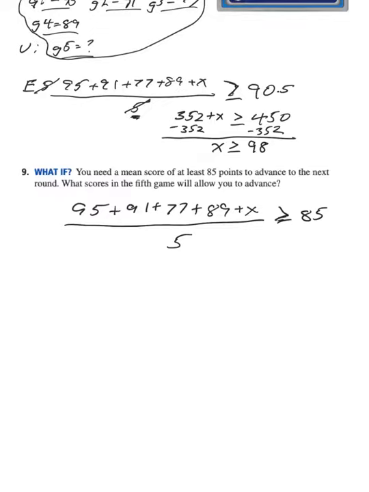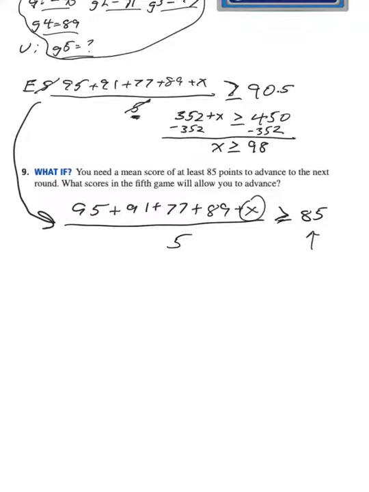Well, I'm not sure how you did on that. It looks complicated, but the answer is actually pretty straightforward. I'm going to do the exact same thing as I did before, where I set up the average of the 5 games, with the 5th game being x. But in this case, I'm looking for a mean score of 85.